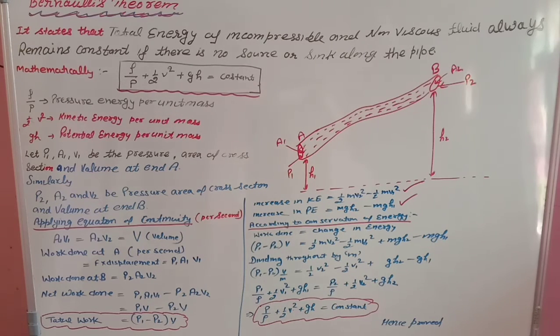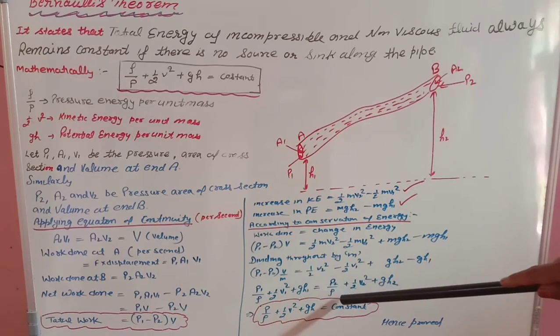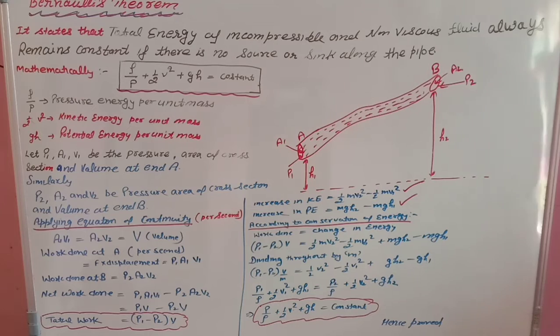Terms will change their signs accordingly. Whenever they change side, their sign will also change. So P1 upon rho plus half V1 square plus g h1 equals P2 upon rho plus half V2 square plus g h2. That is equal to P3 upon rho plus half V3 square plus g h3.